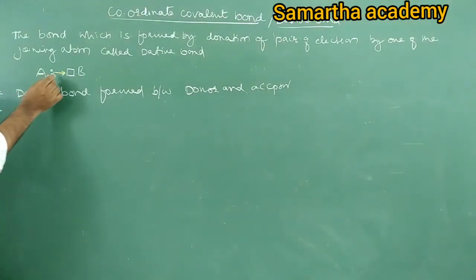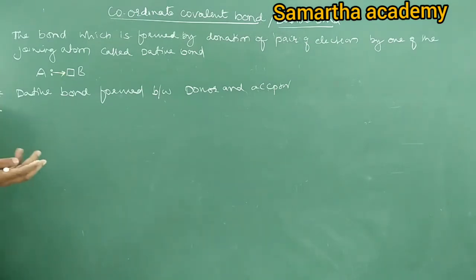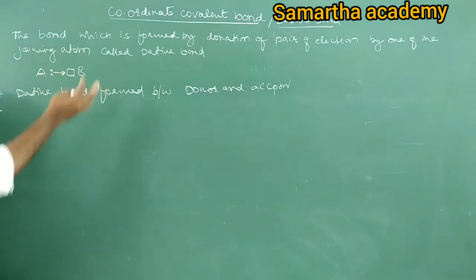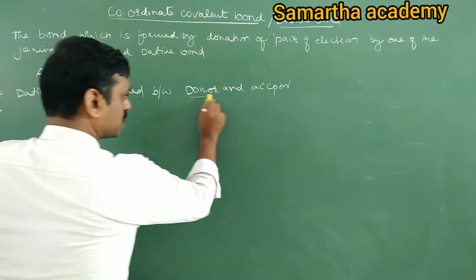Here we have represented it. This arrow mark indicates there is a donation of electrons. It indicates that one pair of electrons is being donated by one atom to the other atom. So this shows the transfer or donation of electrons. Therefore here the dative bond is formed between donor and acceptor.